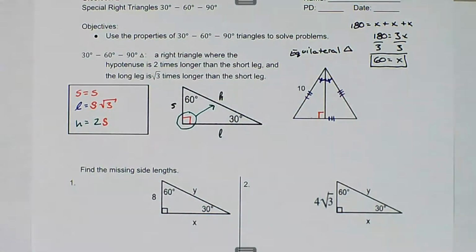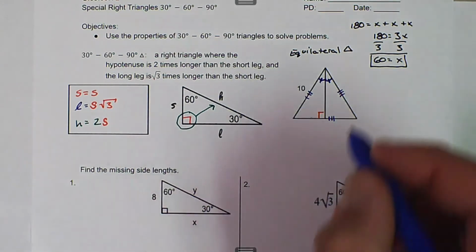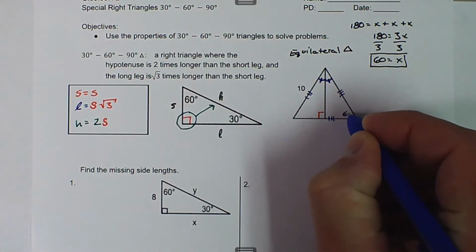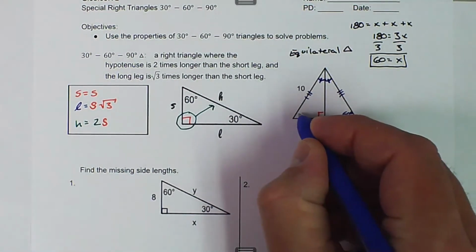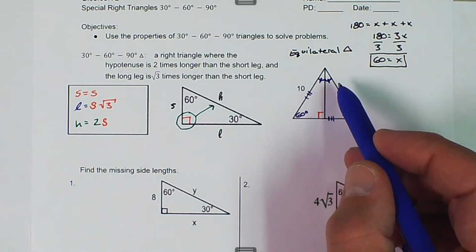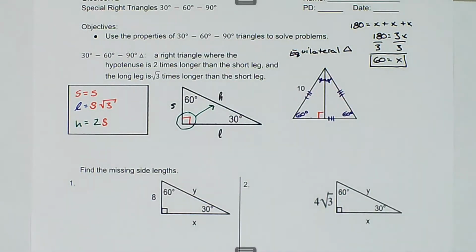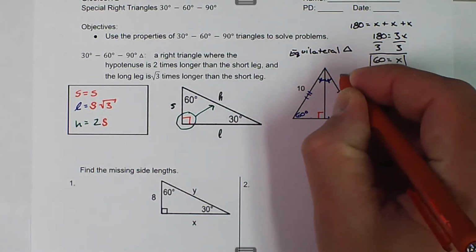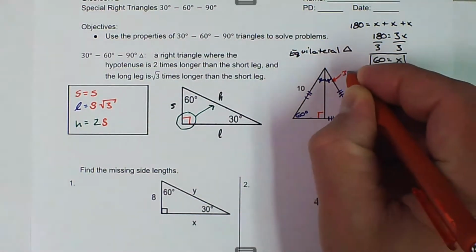So each angle is equal to 60 degrees. So this is 60 degrees, that's 90, this is 60. And we already said that that's an angle bisector. So if that's an angle bisector, 60 divided by 2 means that this angle is 30 degrees.